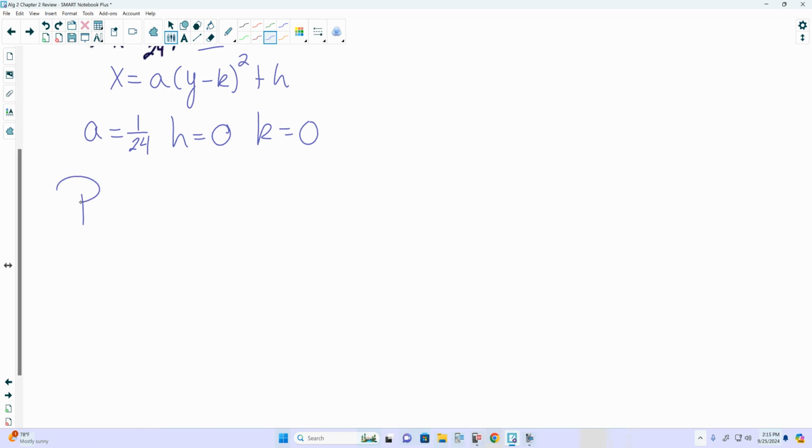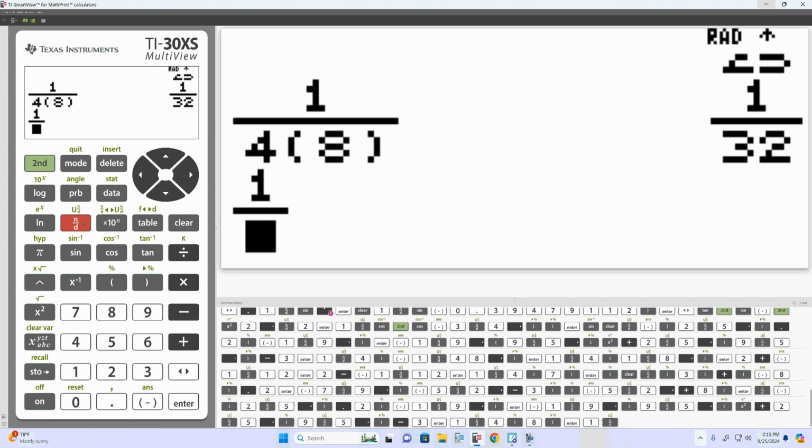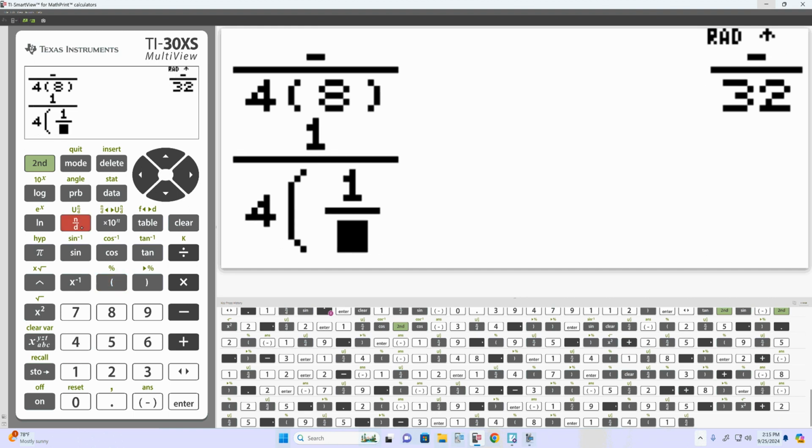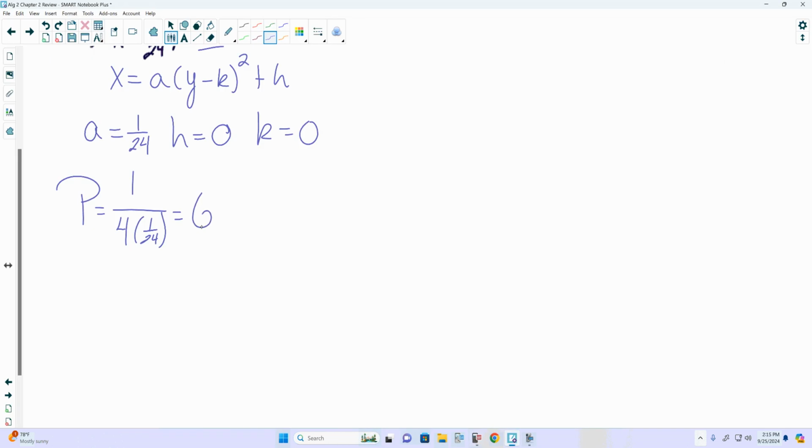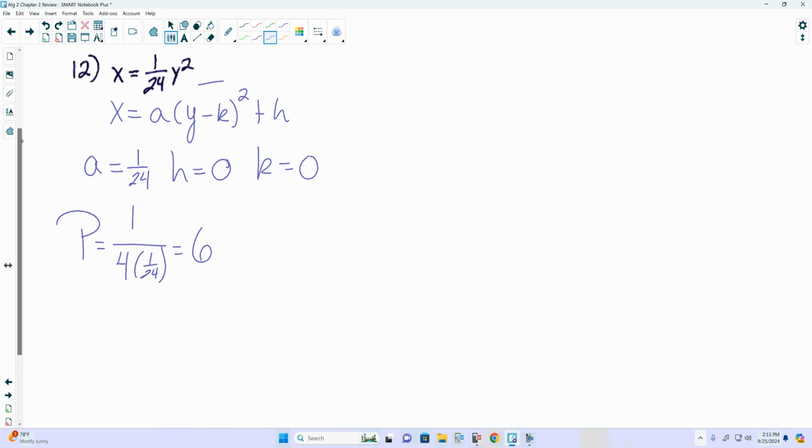Now, we do need to find p. P is equal to 1 over 4 times 1 over 24, which is 6. P is equal to 6.